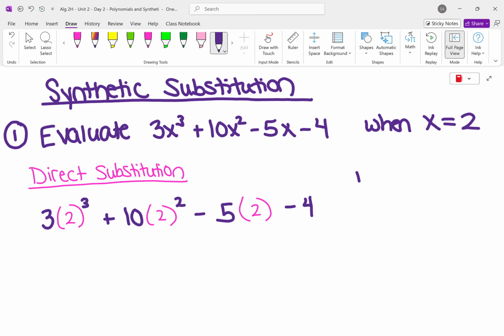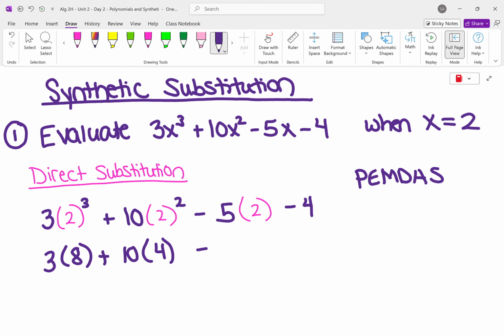And we do have to follow order of operations. We have to follow PEMDAS here. So I want to perform my exponents first. So we're going to have 3 times 8 plus 10 times 4 minus 5 times 2 minus 4.